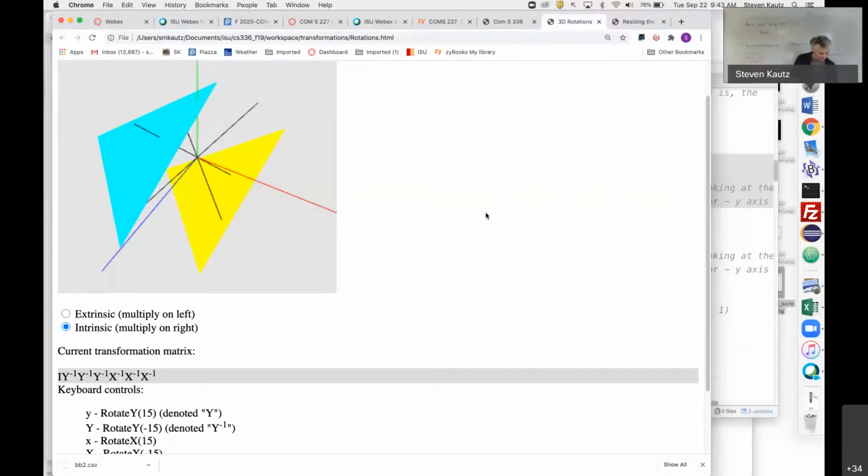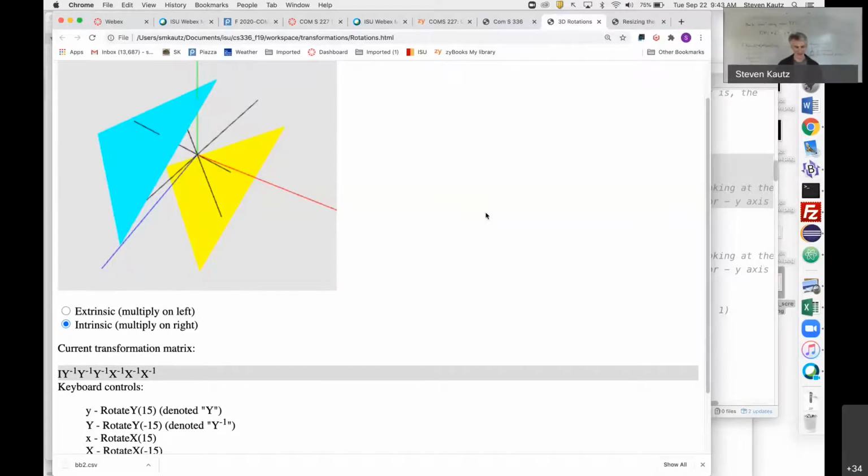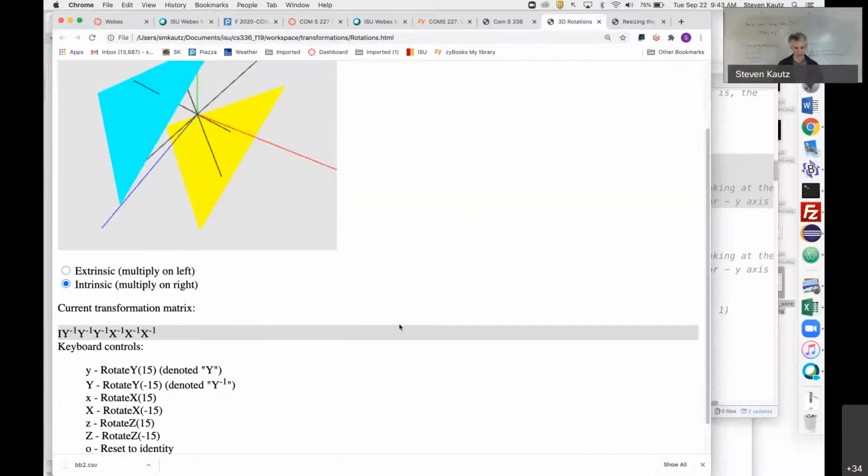Then intrinsic to that, we wanted a 45 degree z. And then intrinsic to that, a minus 45 degree y. That's what we were doing there. So let's try it. Okay, we should be able to do this, although there's a 50-50 chance that I have gotten confused in setting this up.